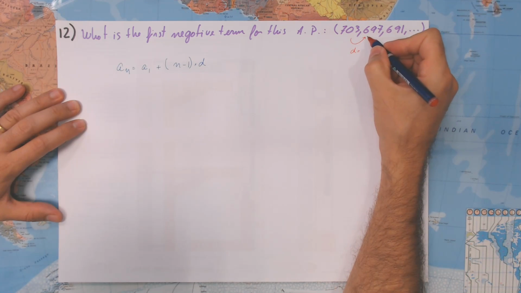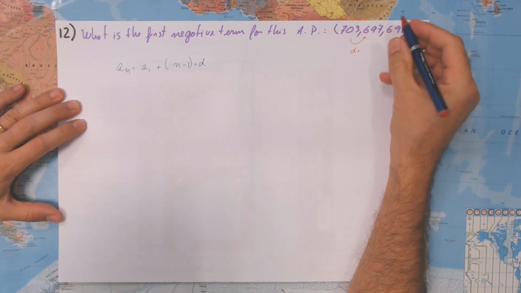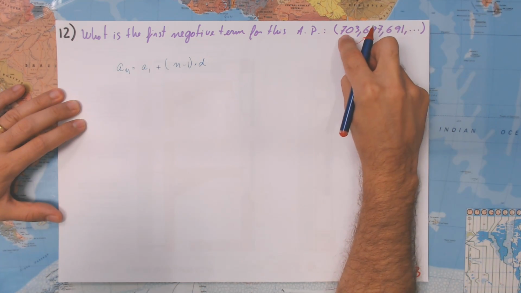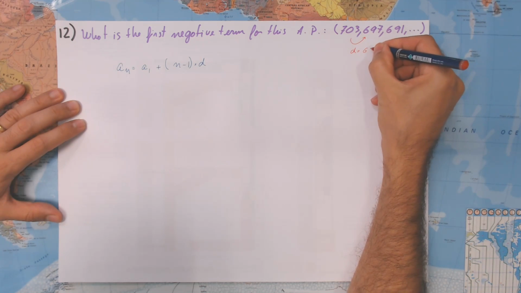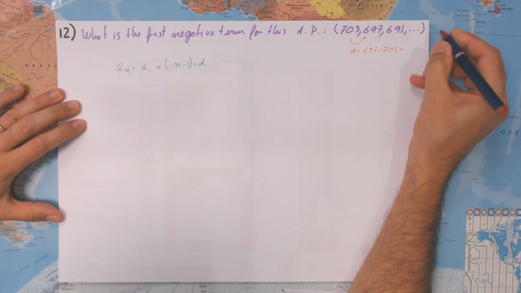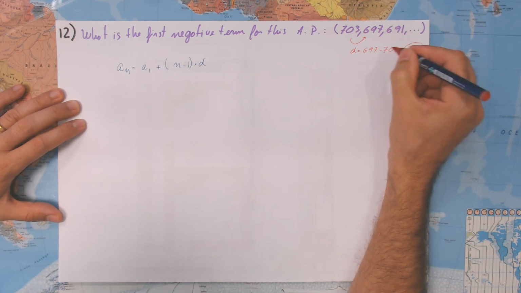In this case, D is going to be what? It is going to be the second term minus the first term. This is going to be 697 minus 703, and that is going to give us minus 6. So this is D.